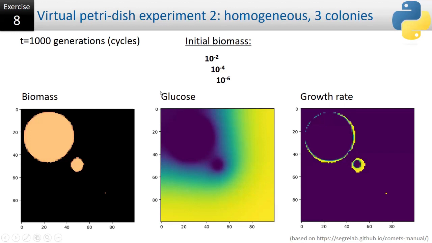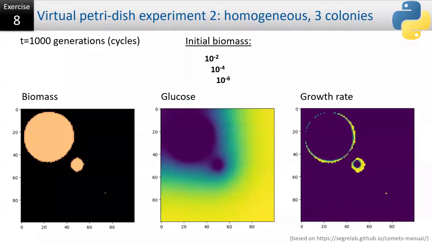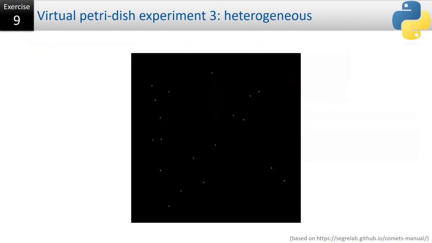Maybe there are two other experiments, and I'll just show the results, right? These are similar experiments, I was just playing around. What you can do, for example, is define two different diffusion constants for splitting your Petri dish and then start growing the colony.